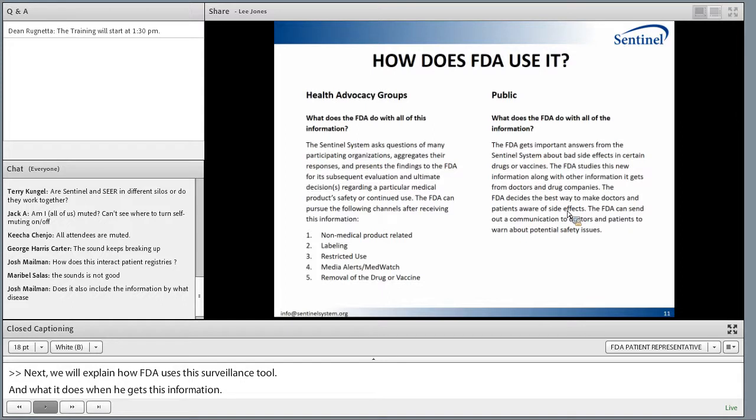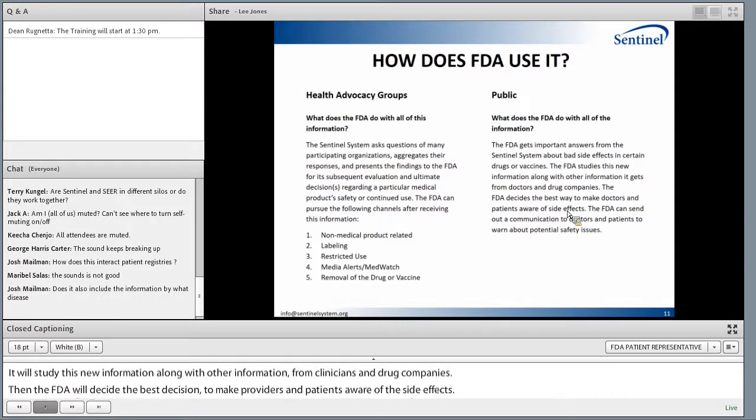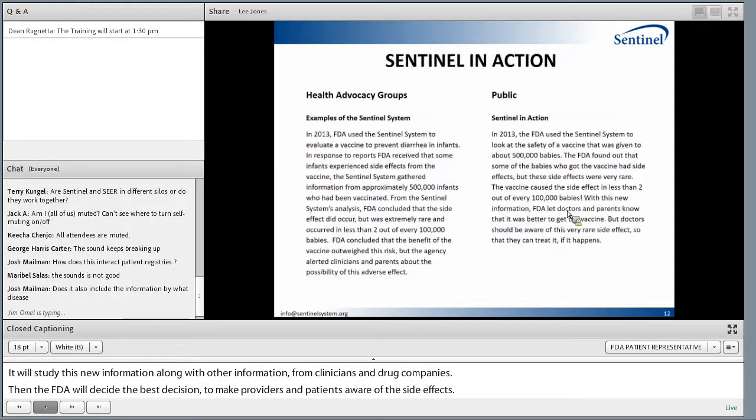It studies this new information along with other information it gets from clinicians and drug companies. Then, the FDA decides the best way to make providers and patients aware of these side effects. And the FDA can then decide the best way to warn clinicians and patients about taking a medical product.